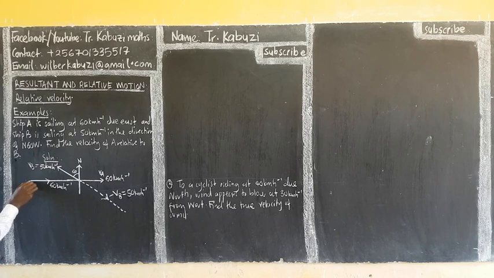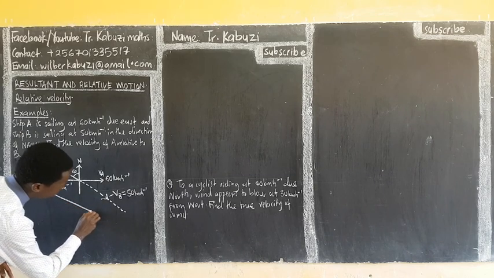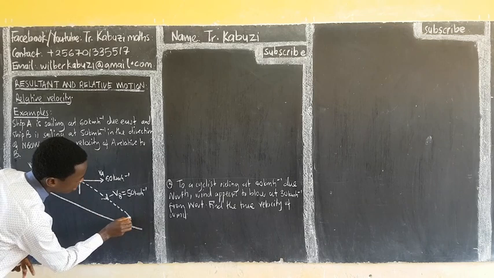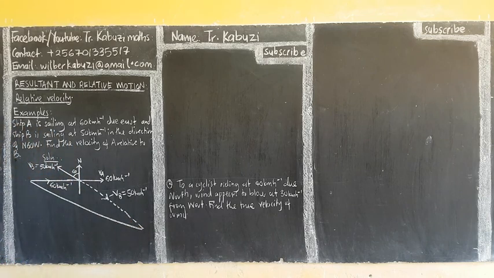Now connecting this to this one here, this is going to be A relative to B. The direction of this is maintained, but the direction of B is going to change. We are going to add the negative of that B.